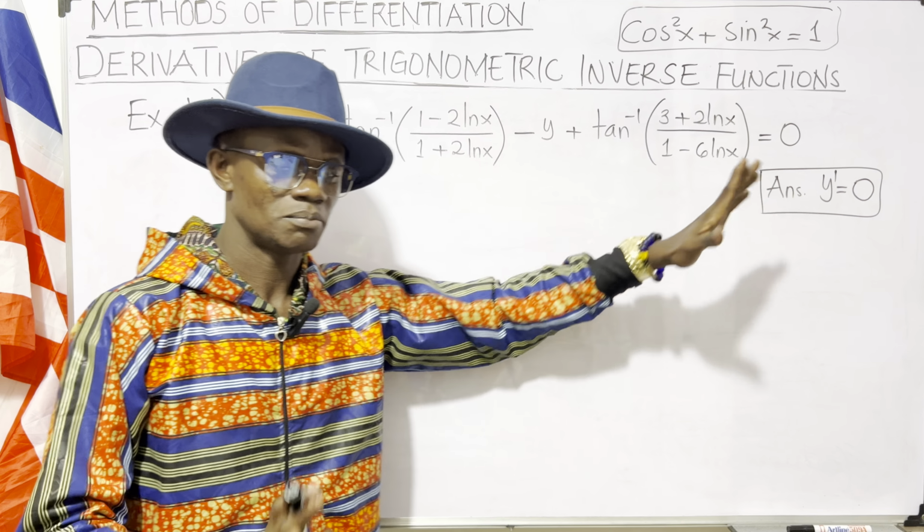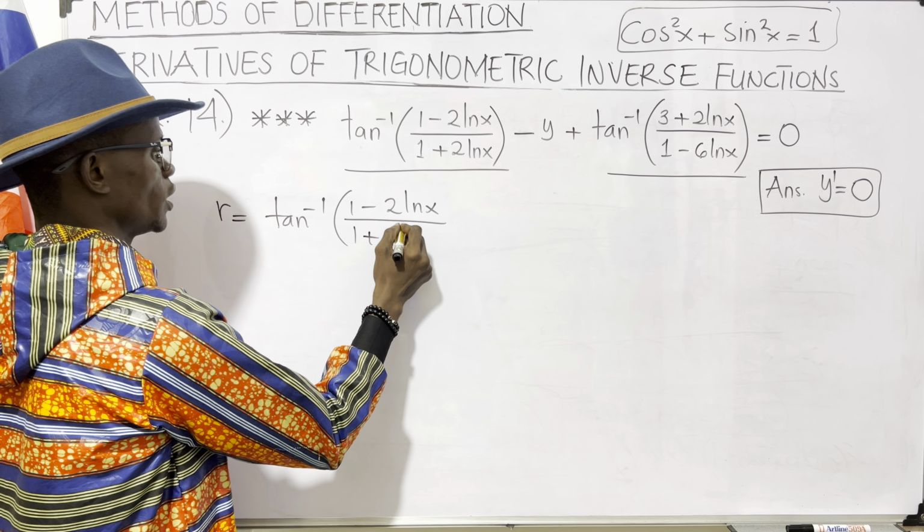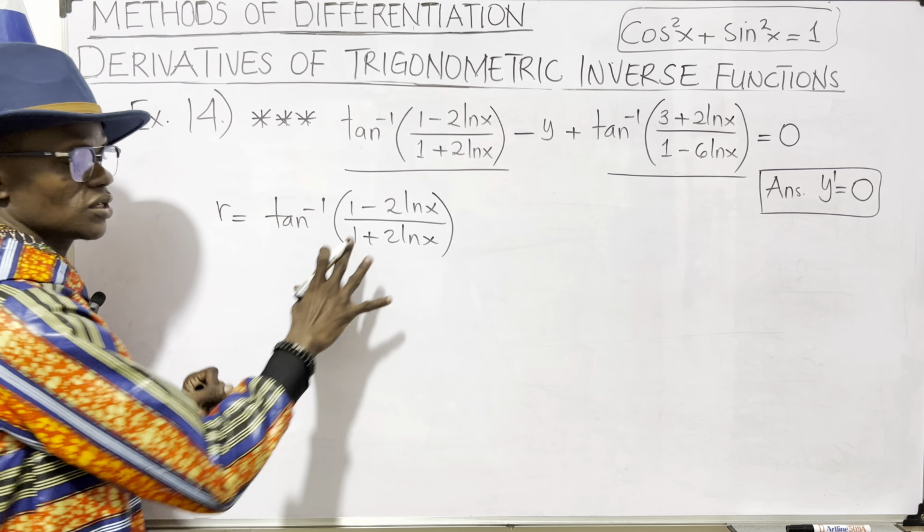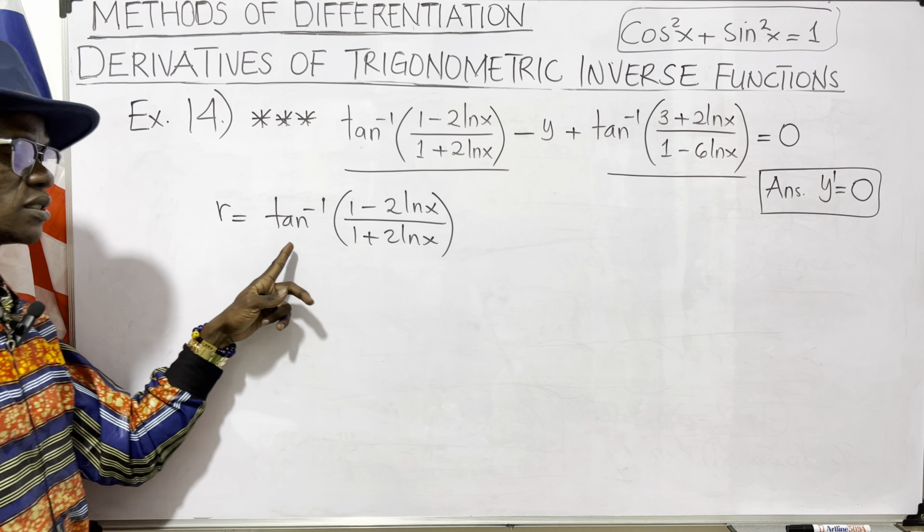So let's assume the first function right here is r. Let's assume r is equal to tangent inverse of (1 minus 2 ln of x) over (1 plus 2 ln of x). So let's consider this to be a function and we'll deal with the other one separately. Let's differentiate this one.